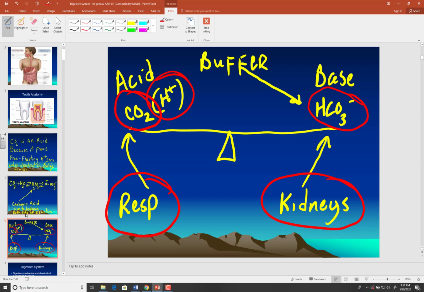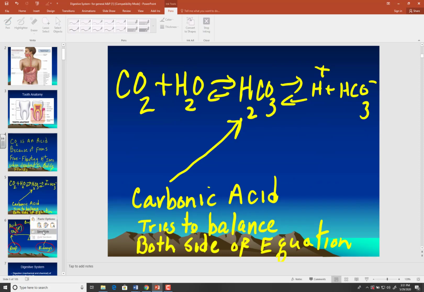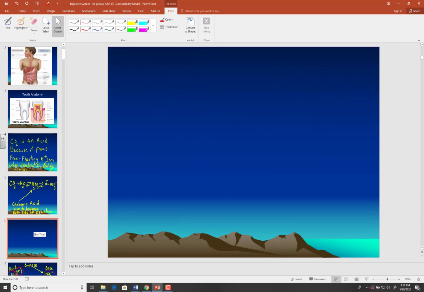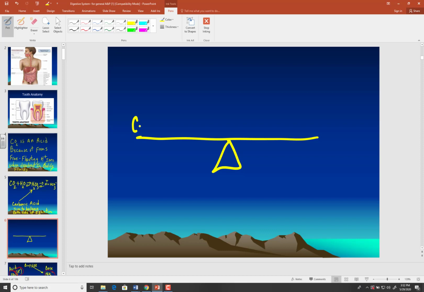So if we look, we know that the respiratory system controls carbon dioxide. And as I explained to you in the video, let's say, for example, that your lungs aren't working so good. Who cares why, right? Your lungs aren't working so good. So if the lungs can't get rid of enough CO2 like they're supposed to, then CO2 is going to go up.